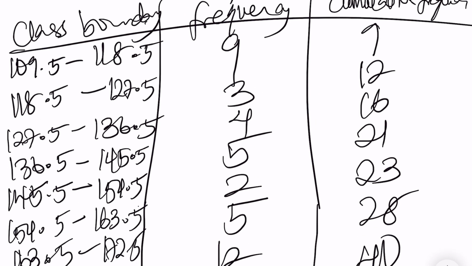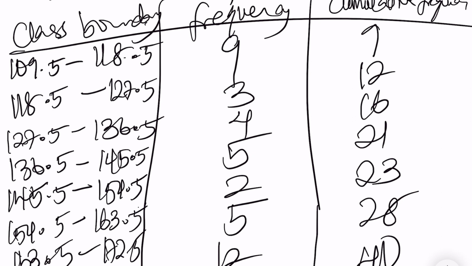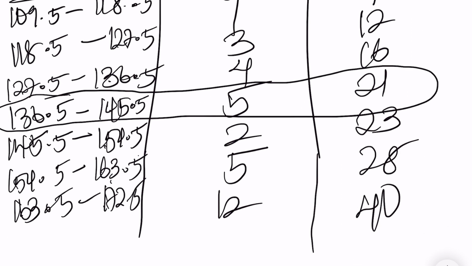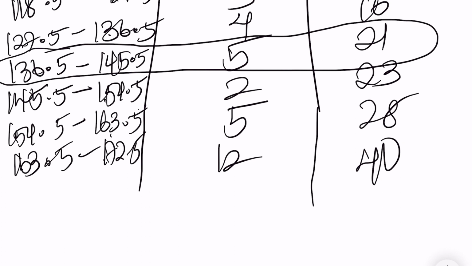Now that we've prepared the frequency table, we have to look for the median class. Counting the classes, 1, 2, 3, 4, 5, so this is our median class, with frequency 5 and cumulative frequency 21.